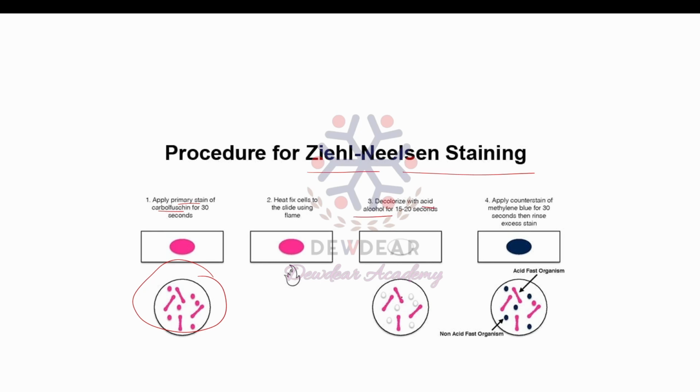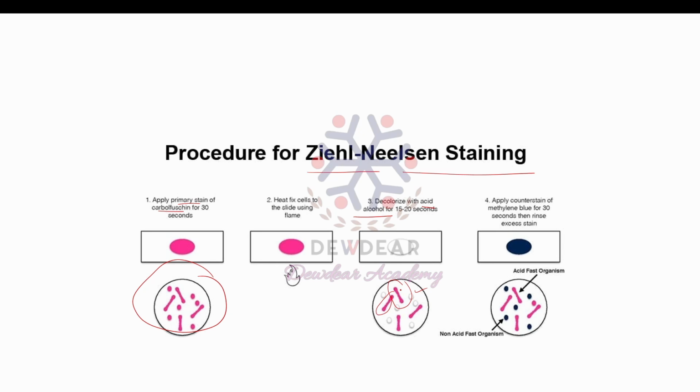The non-acid fast cells get decolorized, and all the acid fast bacteria get stained red.